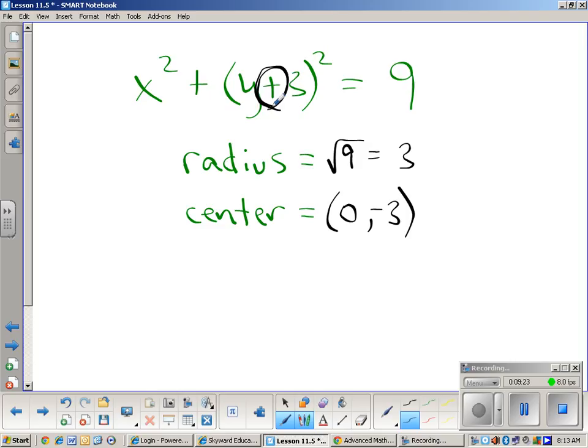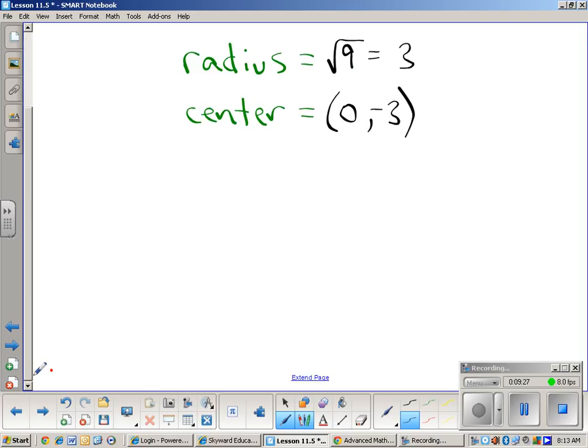So we found the radius, we found the center. I wanted to graph this, use my ruler and draw a straight line. My center is 0, negative 3, so down 3. It has a radius of 3, so there's going to be a point on the circle there, and there, and there, and there.